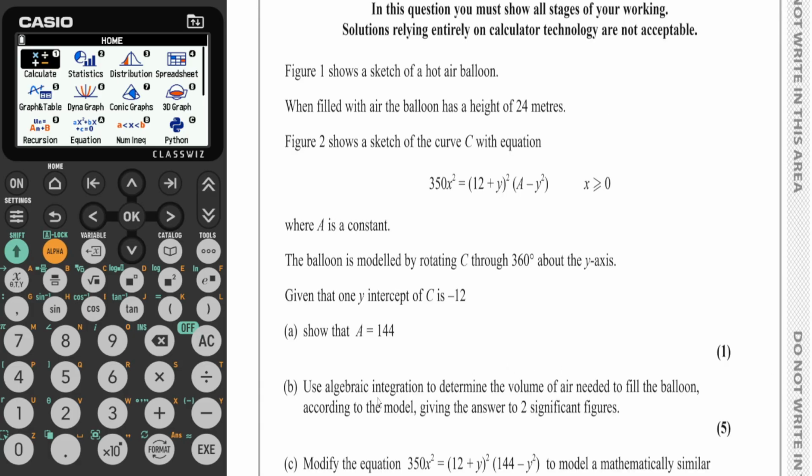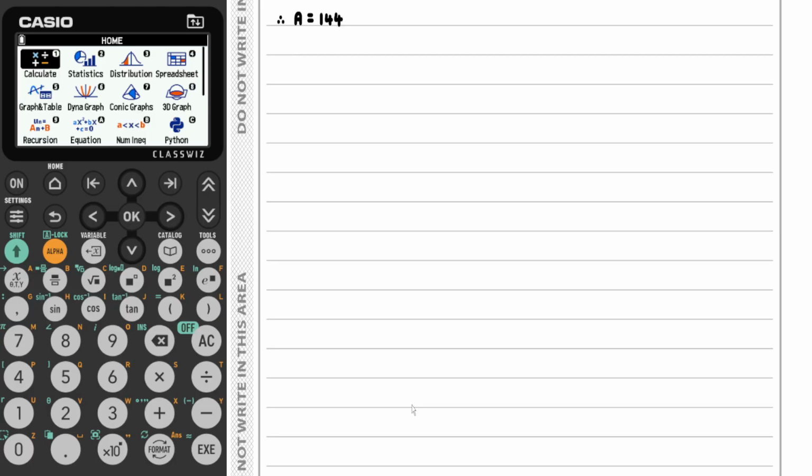Part B. Use algebraic integration to determine the volume of air needed to fill the balloon according to the model. Give the answer to two significant figures. We need to recognize in this question, for us to find the volume, that will be given by pi times the integral from our lower limit to our upper limit of x² with respect to y.